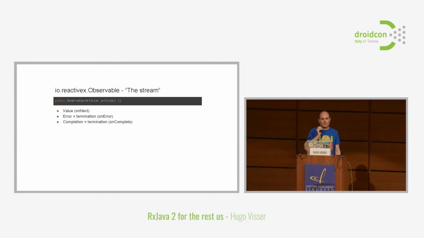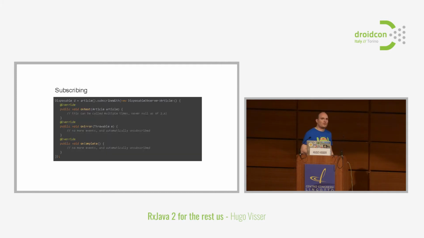So that's the basic observable. I mentioned a couple of times already that you need to subscribe to this observable to get these events. And subscribing is actually not that hard. You call the subscribeWith method on this observable. If you are using RxJava 1, you notice that it's slightly different.